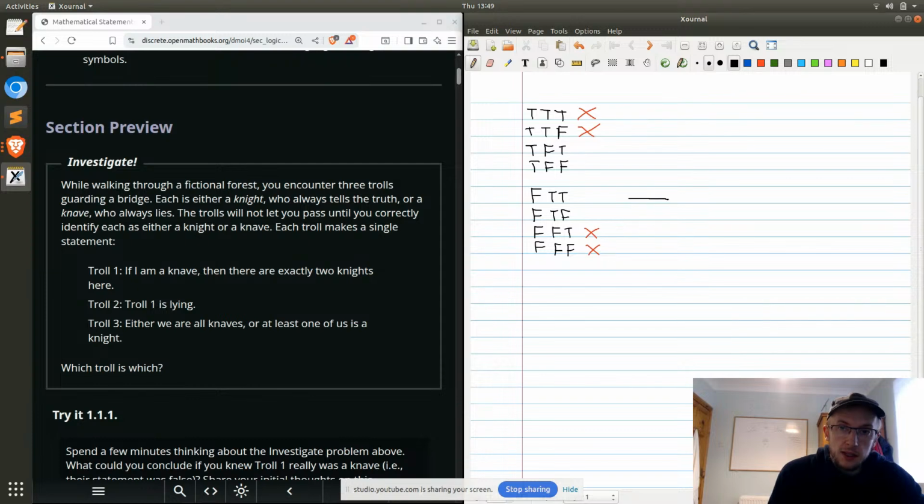So that would be these two possibilities here. Now, if troll 1 is a liar, then he's lying about this statement. The statement being, if I am a liar, then there are exactly 2 knights here. And if you're lying about that, you're just simply saying it's not the case.